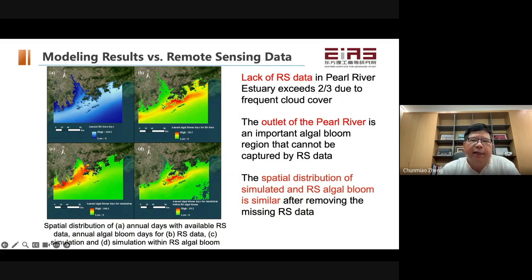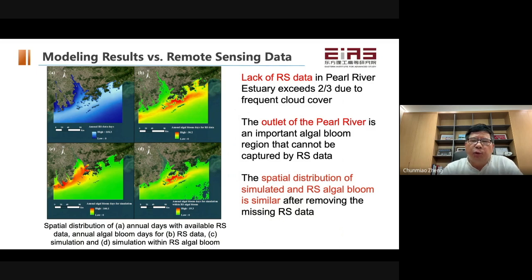First, when you look at that, they don't agree too well, but we realized that remote sensing has limitations as well, because on cloudy days, they don't have data. It only works when the weather is good, without cloud.